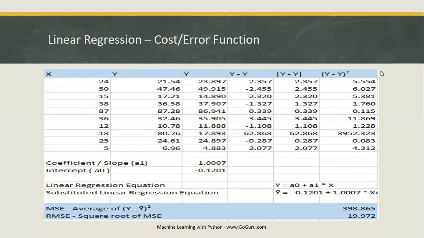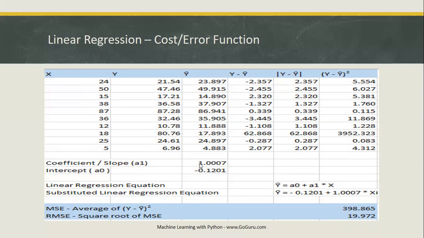So the goal of the algorithm should be to give you a mean square error value that is so low that your model is good. That is basically the idea behind it. And there is also another one called root mean square error, which is basically the square root of mean square error.